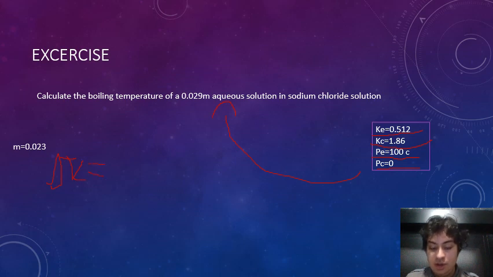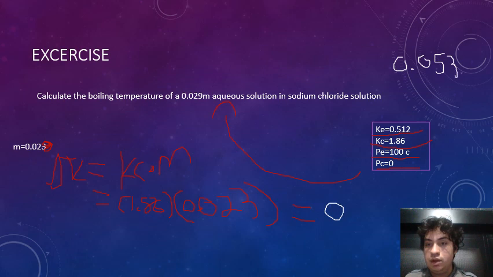Okay, and we can do it with this equation, Kc multiplied by m, that is equal to 1.86 multiplied by 0.023. That equals 0.053 degrees Celsius. Okay, that is the first part.